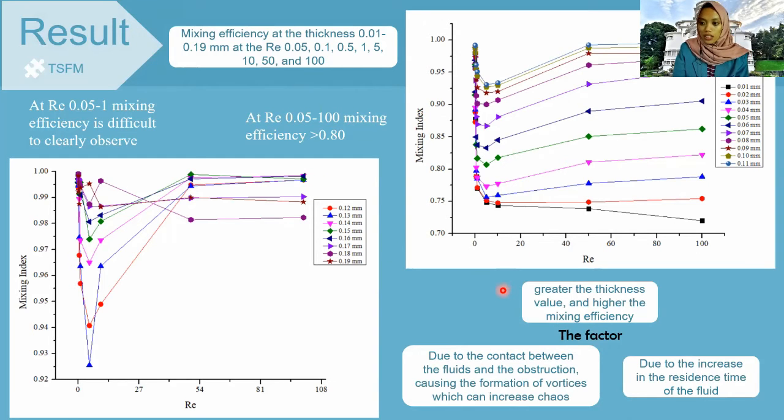The greater the thickness value, the higher the mixing efficiency. The factor is the contact between the fluid and the obstruction, causing the formation of vortices which can increase chaos, and the increase in the residence time of the fluid.